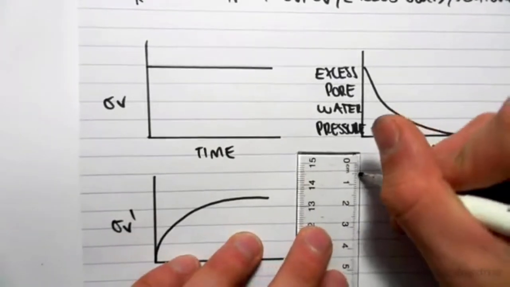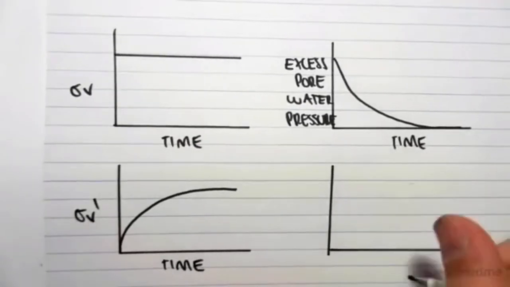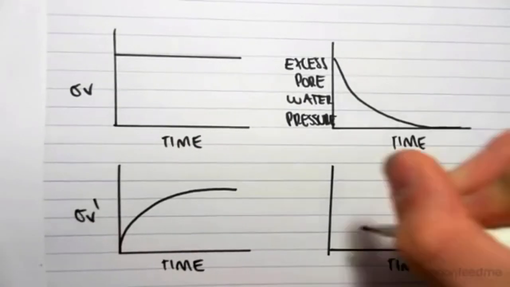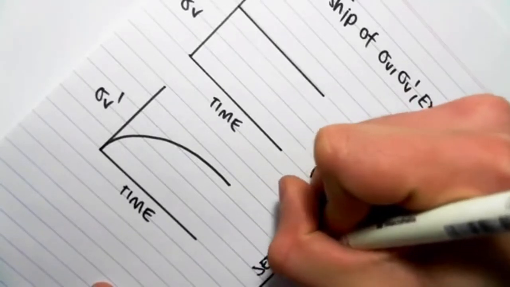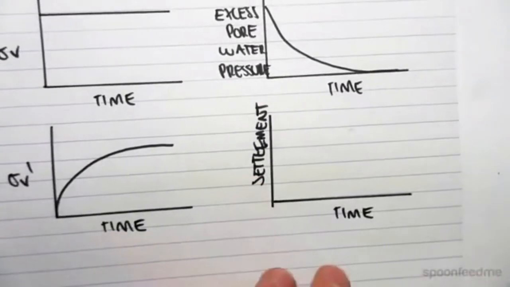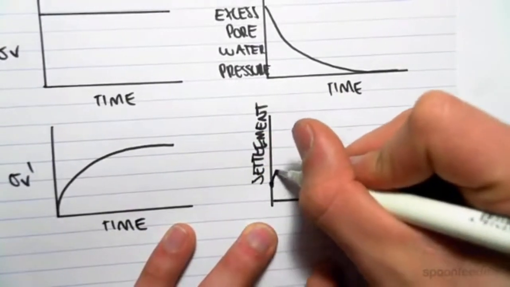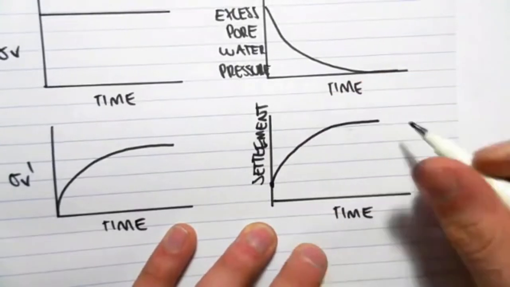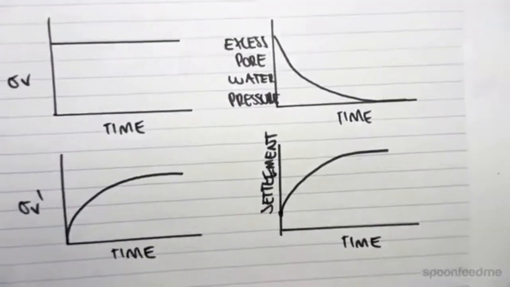And the final thing we can graph is the time against the settlement. Okay, so time against settlement, we will get some level of immediate settlement, and that's going to increase until we get to time infinity, where all the excess pore water pressure has escaped and there's no more settlement occurring.